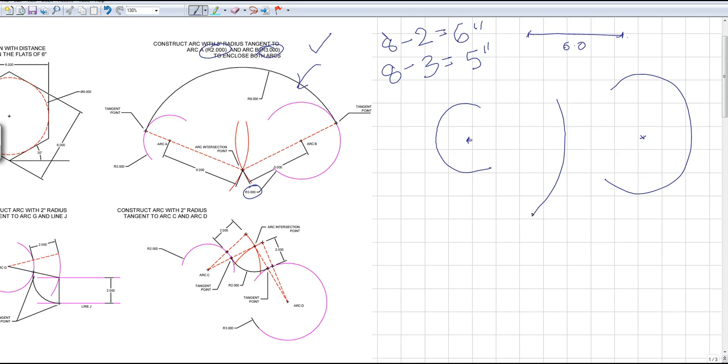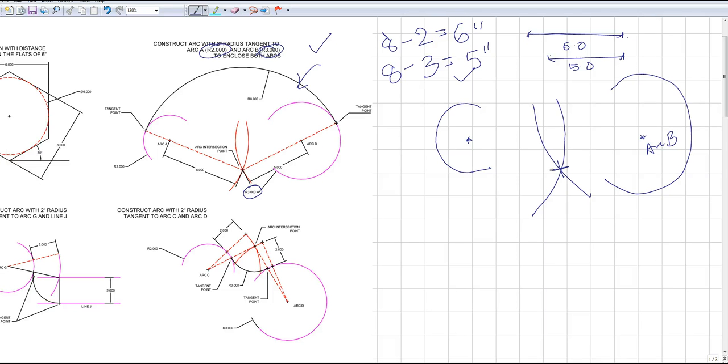Now I would do the same thing on arc B, where I put the sharp edge of my compass right here, set the distance between my compass and my pencil as 5.0, and then draw an arc. So what I just got is an intersection of two arcs.